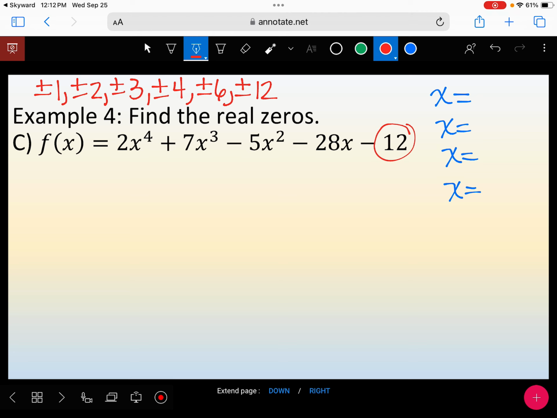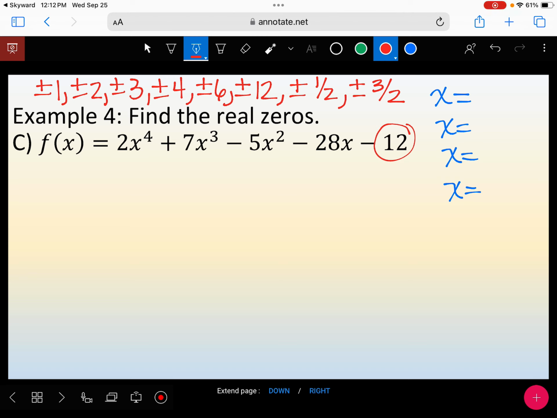And then if I go back through and divide all those numbers by 2, then my 2 fractions would be 1/2 and 3/2. So I'm going to save us some time and tell you that 1 doesn't work and neither does negative 1. The first number that will work is positive 2.